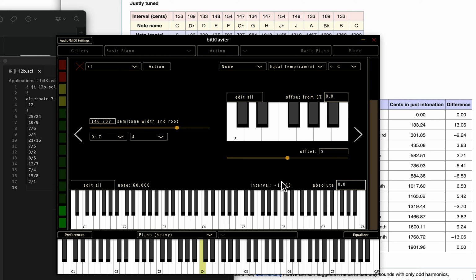You see that each so-called half step, each semitone, is 1.463, or 146.3 cents. So that's something we're actually going to come back to when we look at the absolute tuning and its Scala. I'm going to set that aside for now.